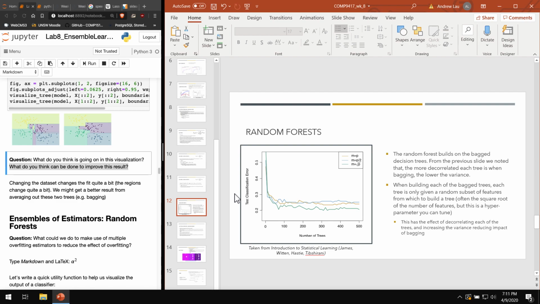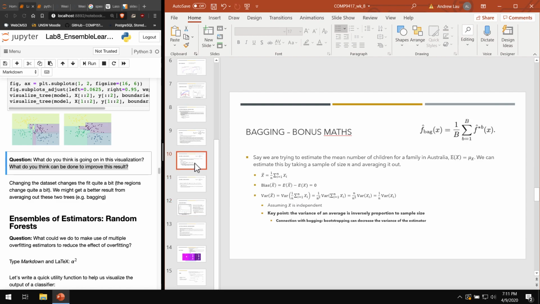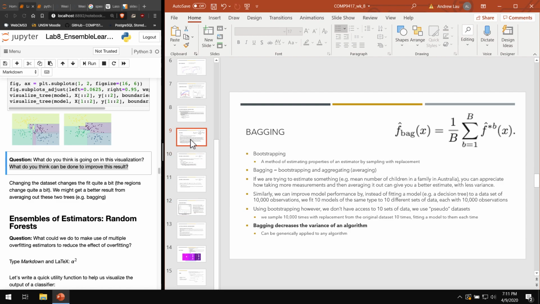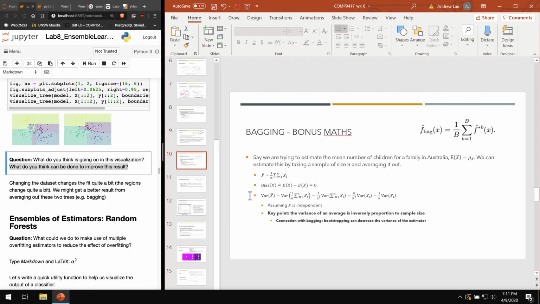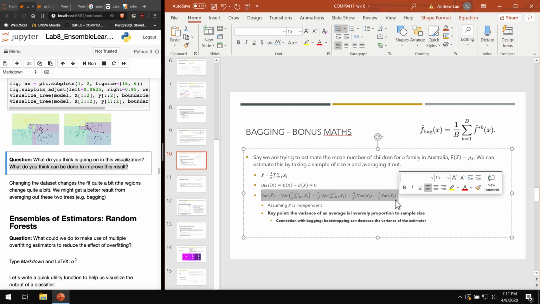One of the things about your bagged decision trees is that you're making pseudo data sets by bootstrapping. Now, maybe I have to use a little bit of maths here.